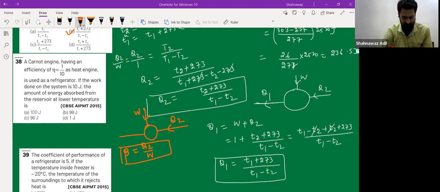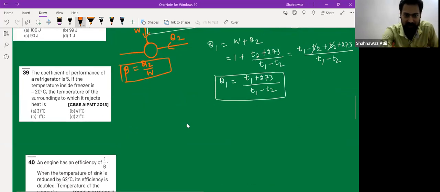Who is left? Iram and let me check. Arpit. Arpit, what about you? Arpit sir, what has happened to you? This is the same question, exactly the same.